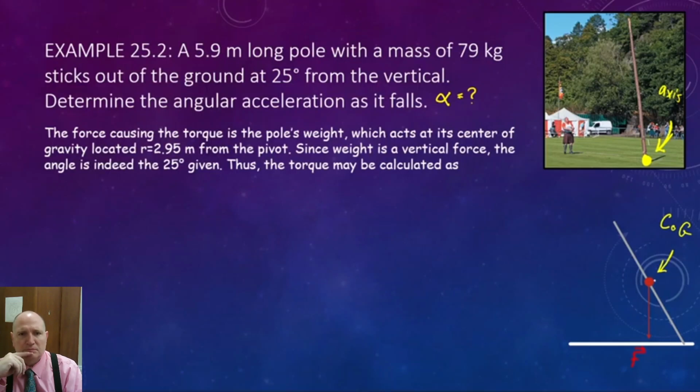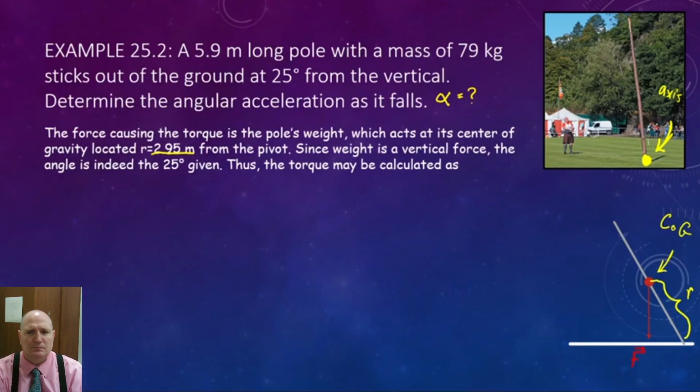Which means if we want to know how far away this is from the axis of rotation, that's just half of the length. So R is half the length, which is 2.95 meters. Okay, so we know what the distance R is. It's half of 5.9.